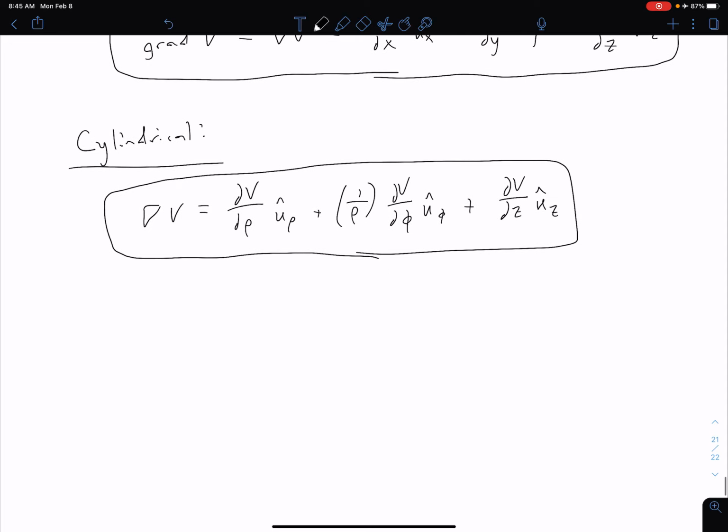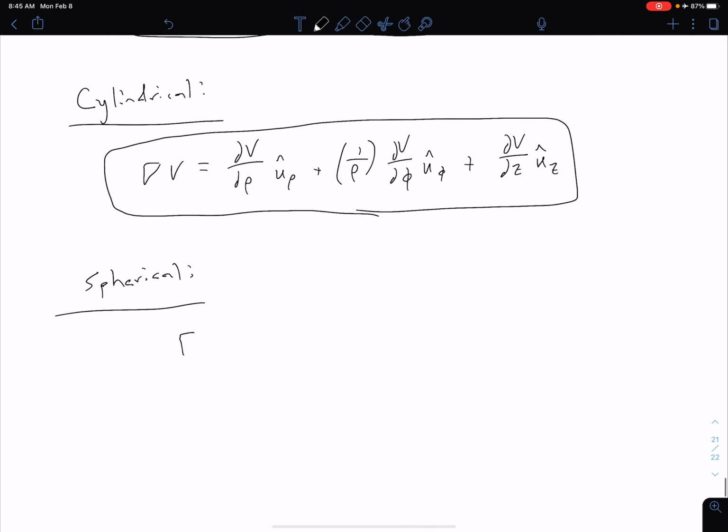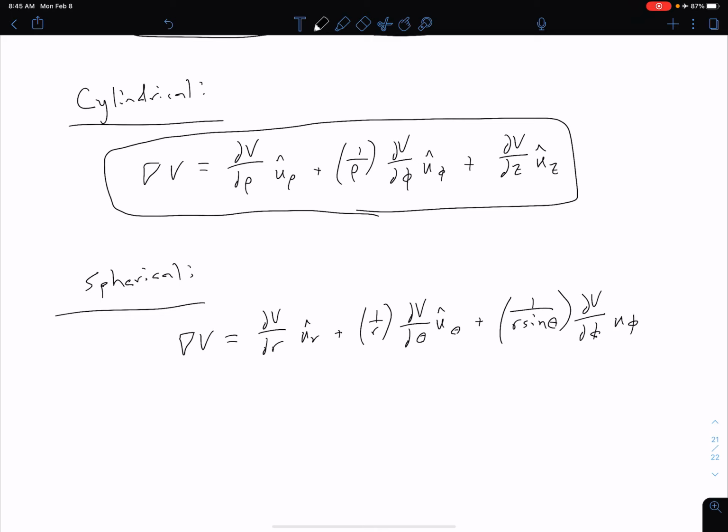Finally, for our spherical case, the gradient of V is equal to the partial of V with respect to r in our r direction, plus 1 over r times the partial of V with respect to theta in our theta direction, plus 1 over r sine theta times the partial of V with respect to phi in our phi direction.